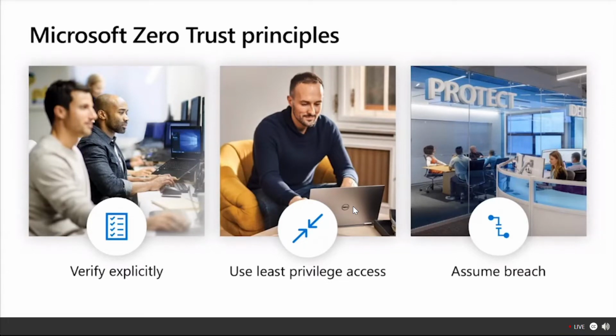We want to limit user access to protect both data and productivity. We can use things like just-in-time and just-enough access. And finally, we want to always assume breach. This lets us minimize the blast radius for breaches and employ security strategy to prevent lateral movement across our environments.